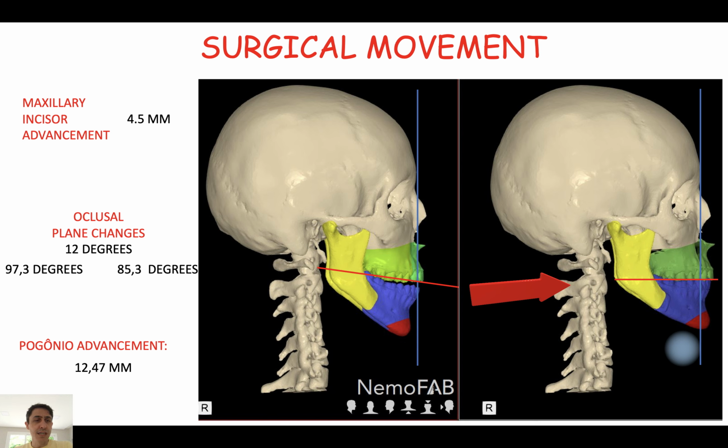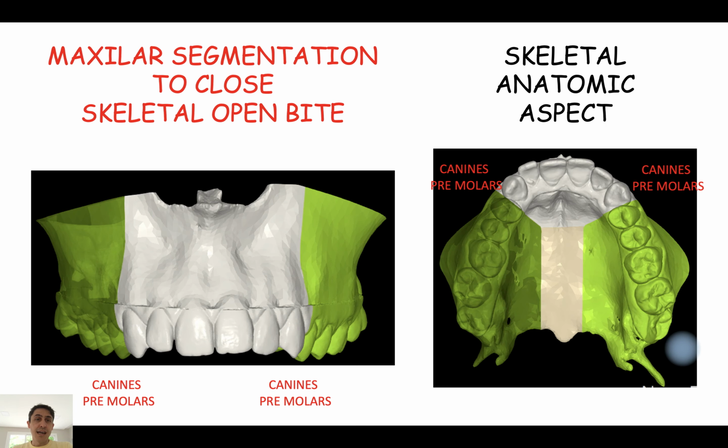There is an occlusal plane change of about 12 degrees, and a huge pogonial advancement of 12 millimeters. As you can observe on the mesh, you can get these movements for the sagittal plane in the 2D environment.